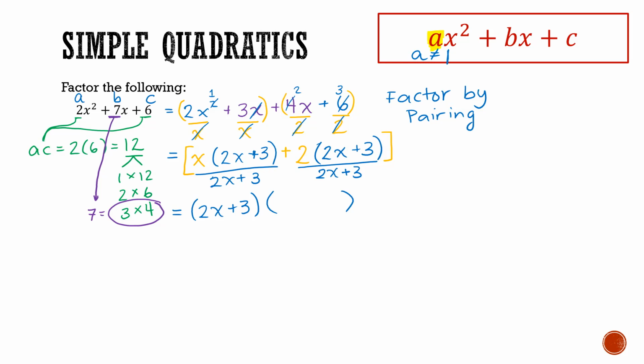So dividing the first term, I have 2x plus 3 canceling each other out, and I'm left with x. And then in the second term, I've also got 2x plus 3 canceling each other out, and I'm left with 2. Now I have my original expression fully factored as 2x plus 3 times x plus 2. Let's do another couple of examples to solidify this approach.